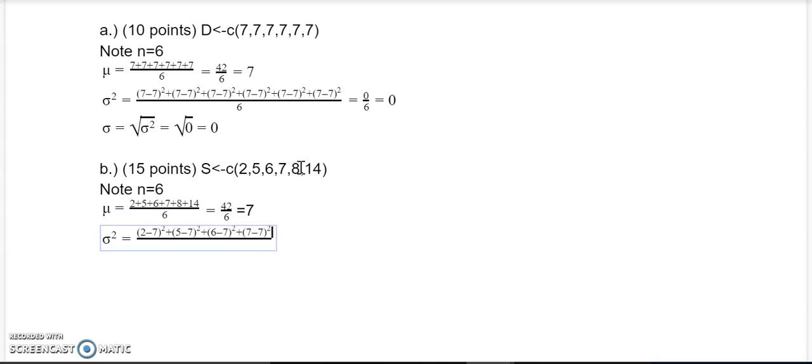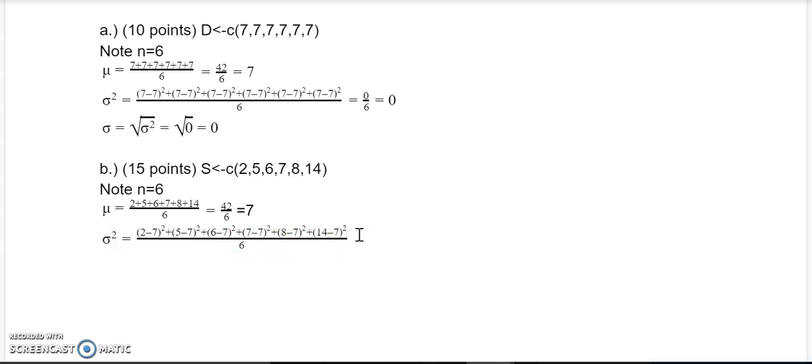Move on to the next one, which is 8. So it'd be 8 minus 7 squared. And lastly, the last one is 14. So it'll be 14 minus 7 squared. And this whole thing is now divided by 6.